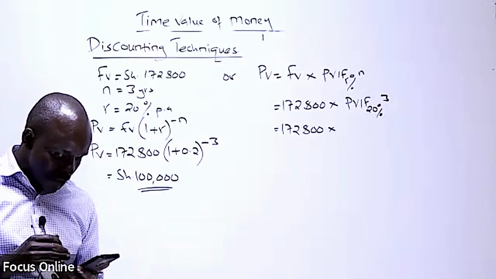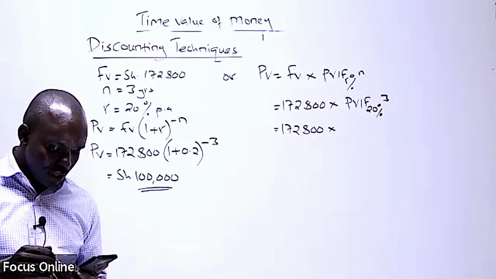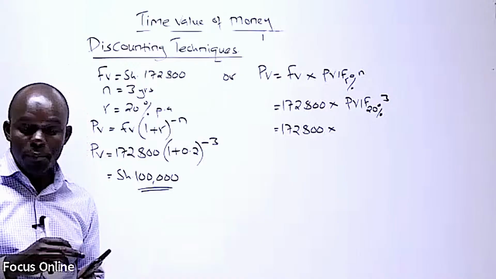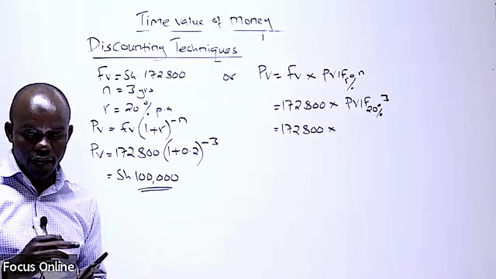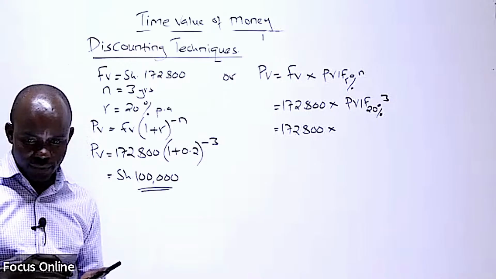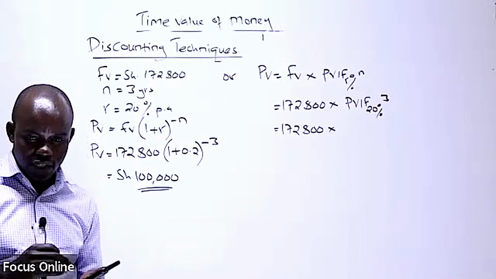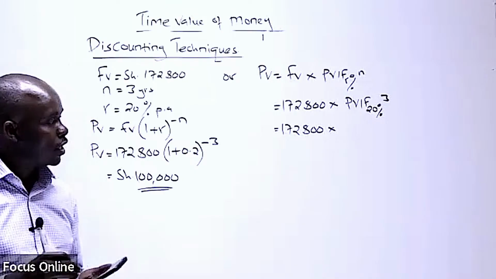The other one down there says present value of an annuity of 1 per period for n periods. So the upper table is for lump sums and the lower table is for annuities. Now we are talking about lump sums. We are looking at the present value for a lump sum.